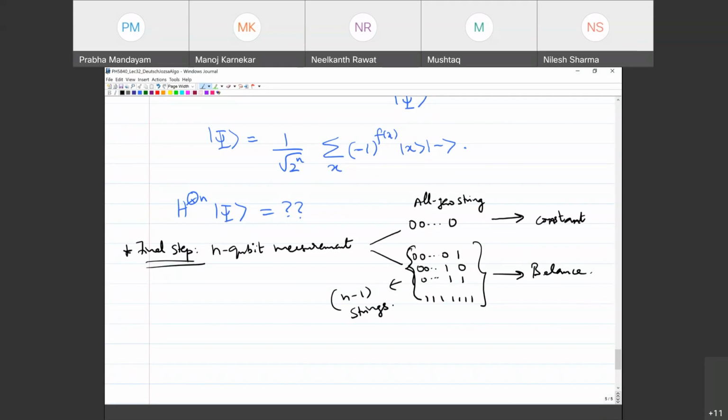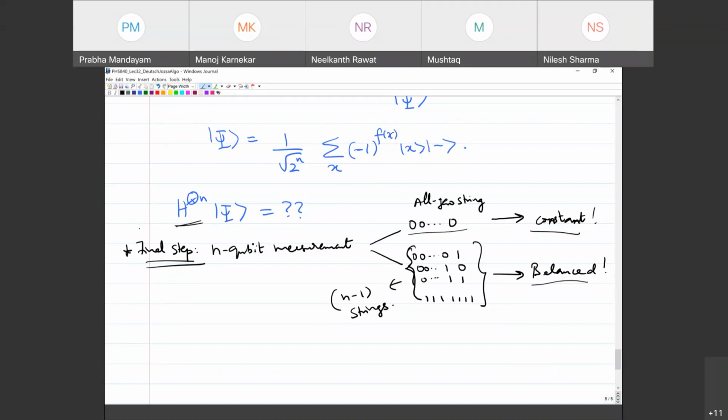I hope the constant part should be easy to understand if you think about doing the XOR of all the inputs. Somehow you have to now interfere these phases. That's what this H tensor n is doing. It's going to give you a state which has the sum of these different phases, and that will then tell you whether you get the all zero string or a string with one of the ones. If you get one of these, then it's balanced, and if you get the all zero string, then it is constant.